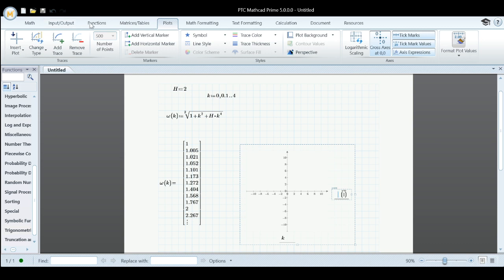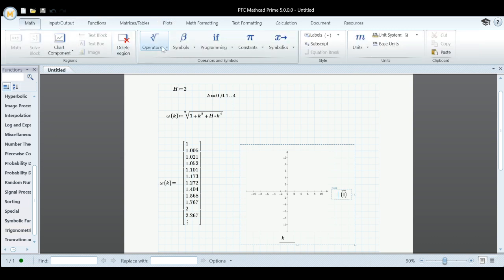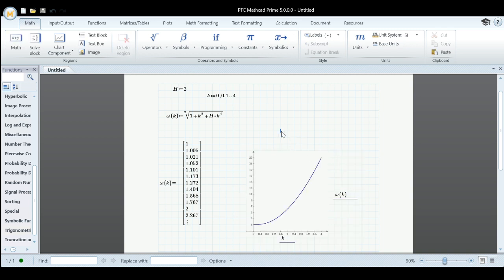Go to math, go to symbol, go to omega bracket k. You see, this is one of the graphs. Now it is a plasma mode, that is, we said there was one acoustic mode and there was one plasma mode. So it's a high frequency, it starts from 1, because from the expression you can see it starts from 1. Okay, and like this we can get our different plots.